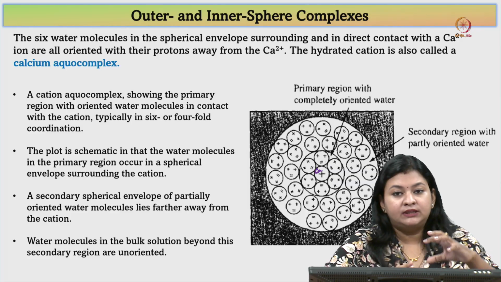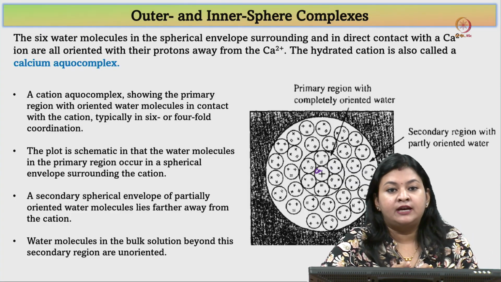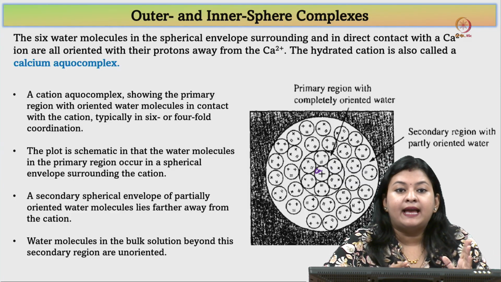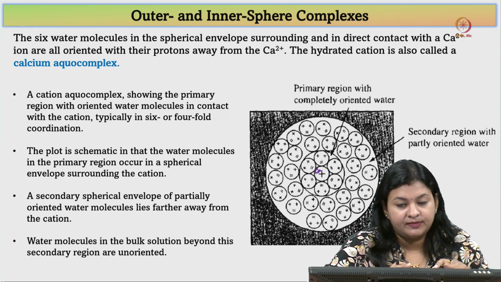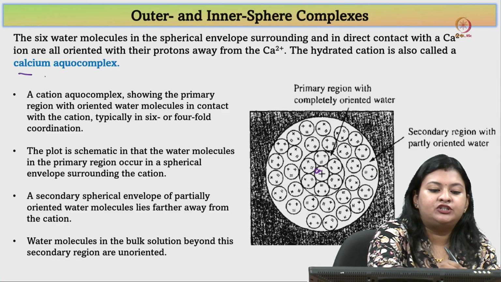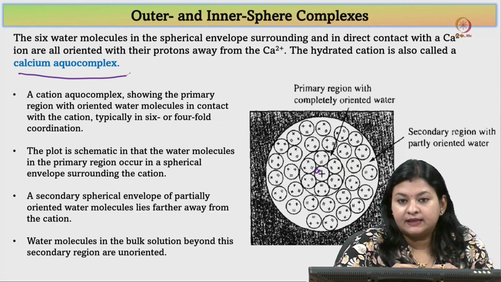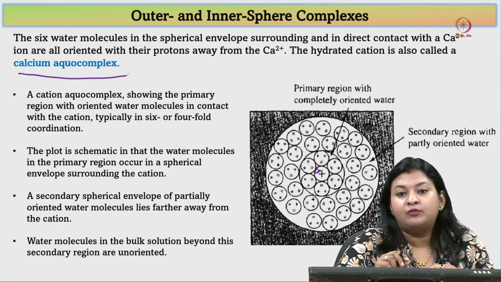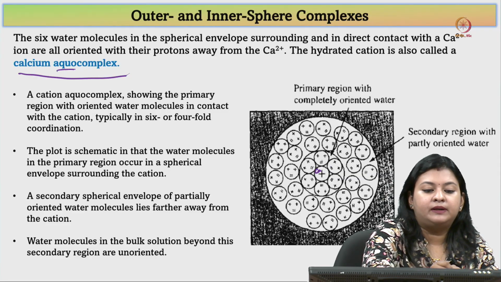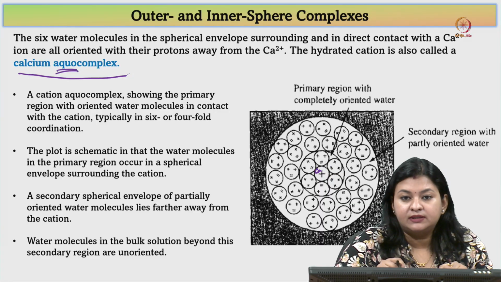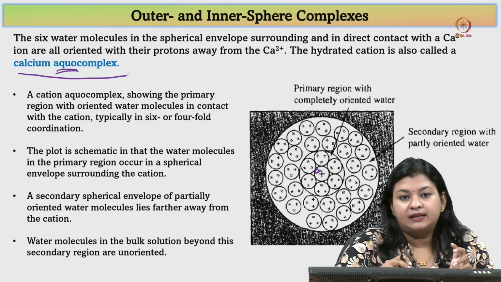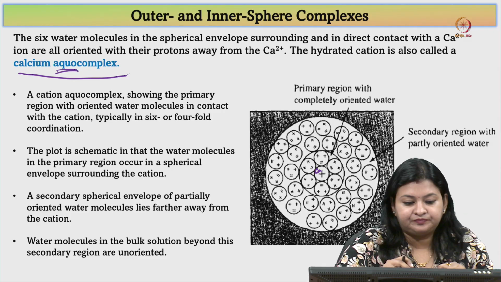So, this hydrated cation is what we call a calcium aqua complex. What do we mean by calcium aqua complex? That means my calcium has formed a complex with my water molecules. It is in contact with these 6 water molecules, that is why we call it the calcium aqua complex.